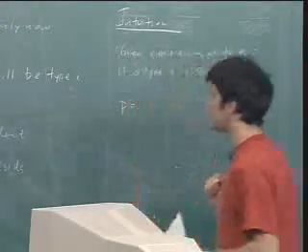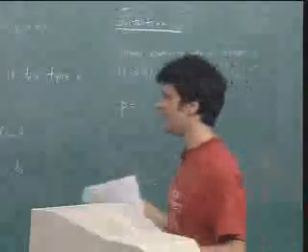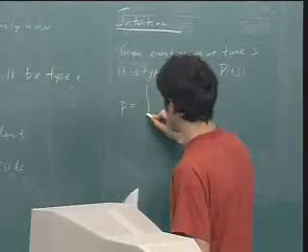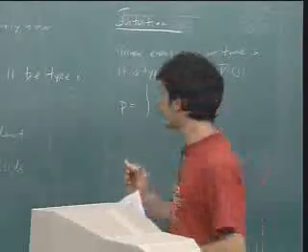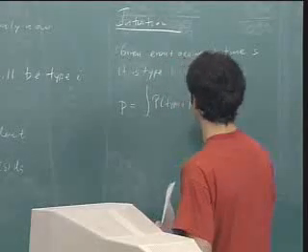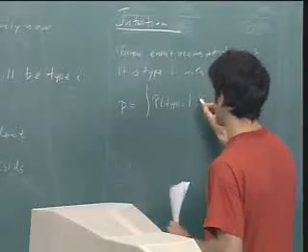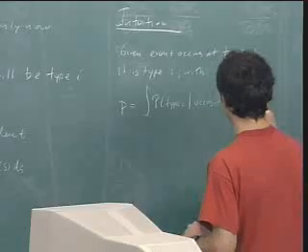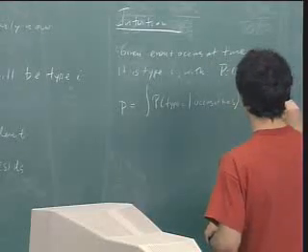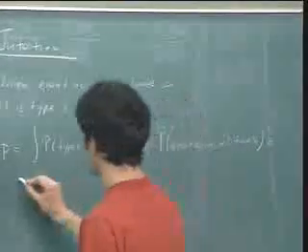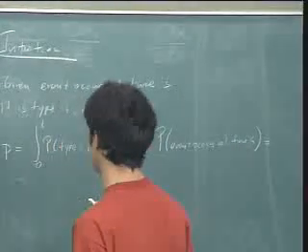If we were to consider the little probability p of an event being type i, we would have to condition on the time at which it occurs. So this would be the probability of type i given that it occurs at time s, times the probability that the event occurs at time s, and we take this from 0 to t.